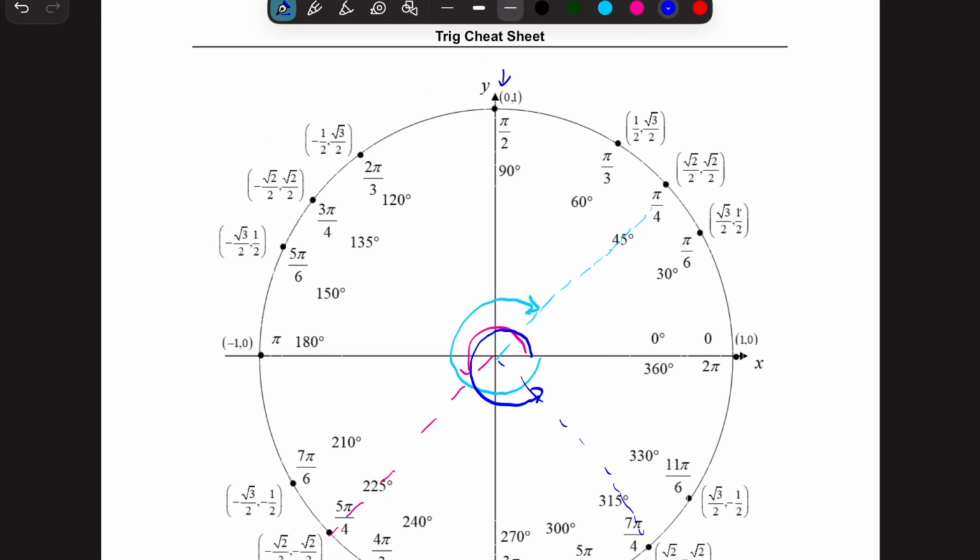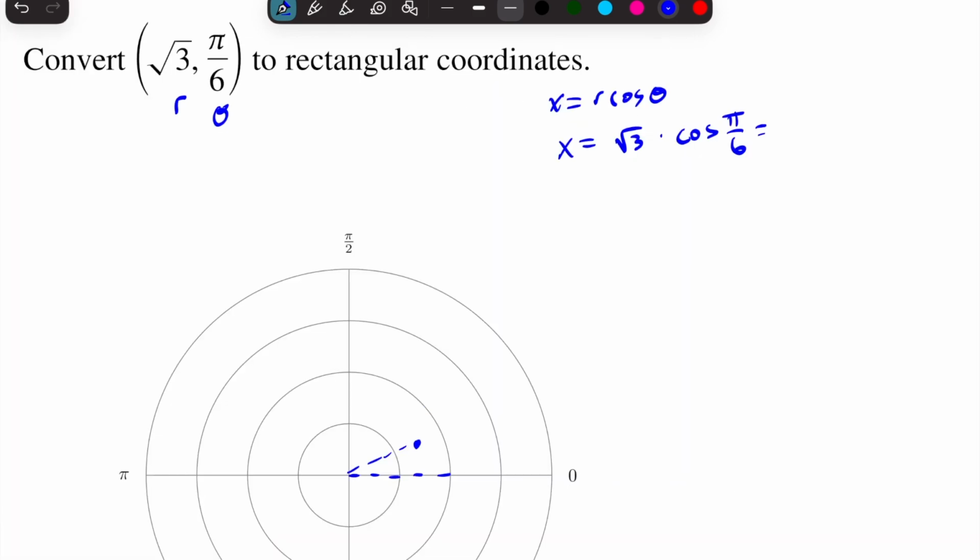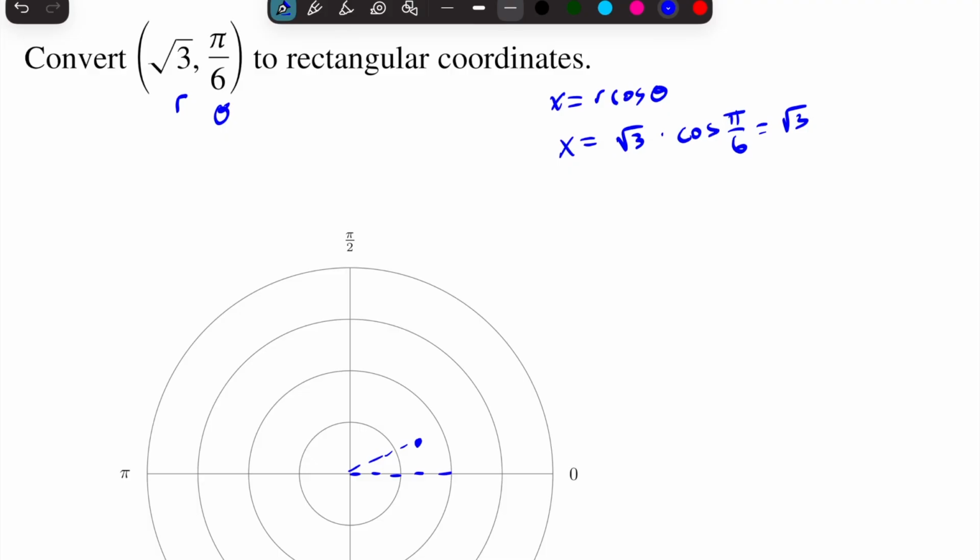There we go. Cosine of pi over 6 is root 3 over 2. So we have root 3 times root 3 over 2. Root 3 times root 3 is just 3. So we get an x coordinate of 3 over 2, or 1.5.